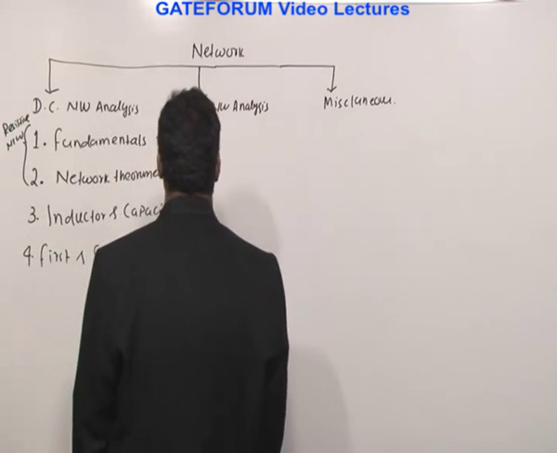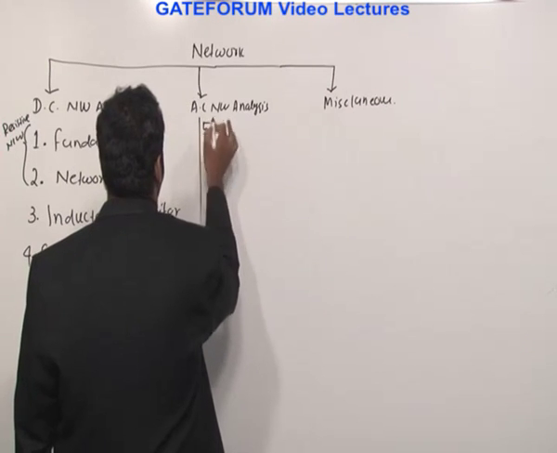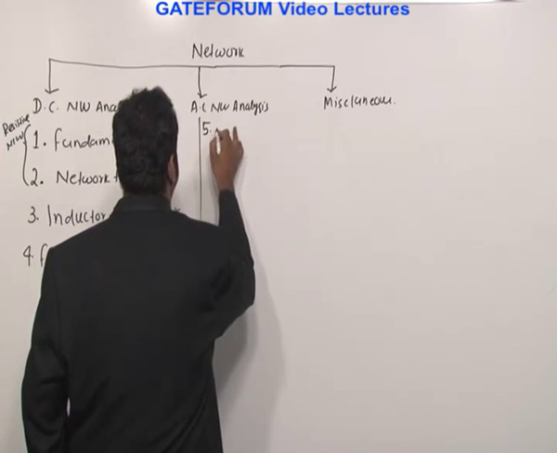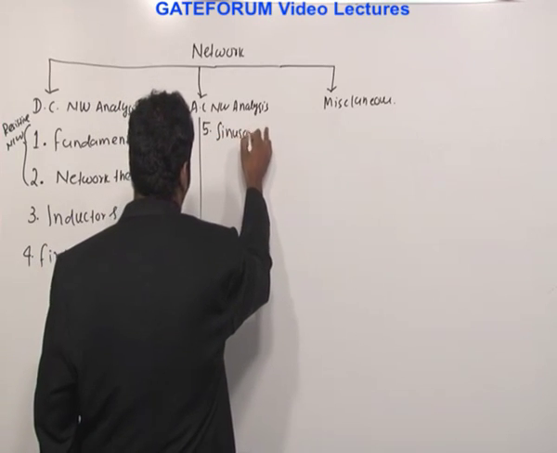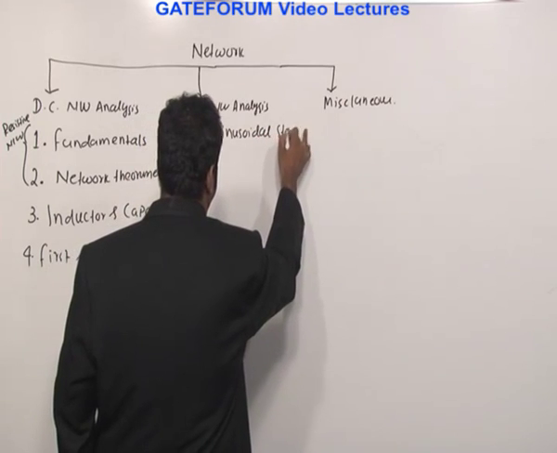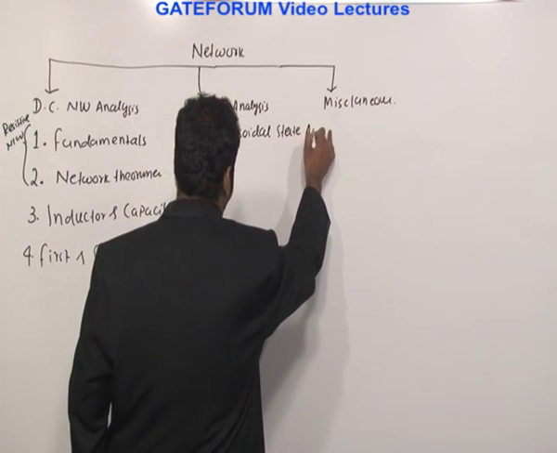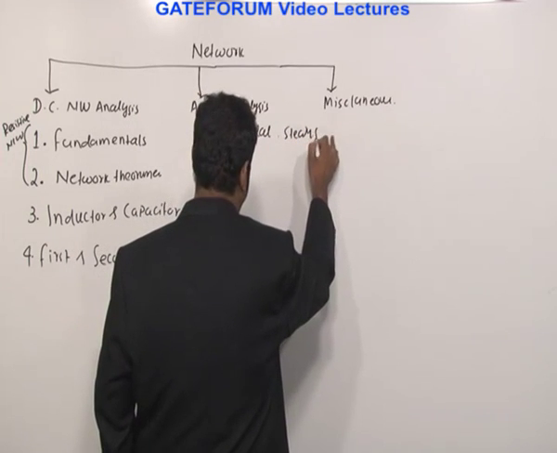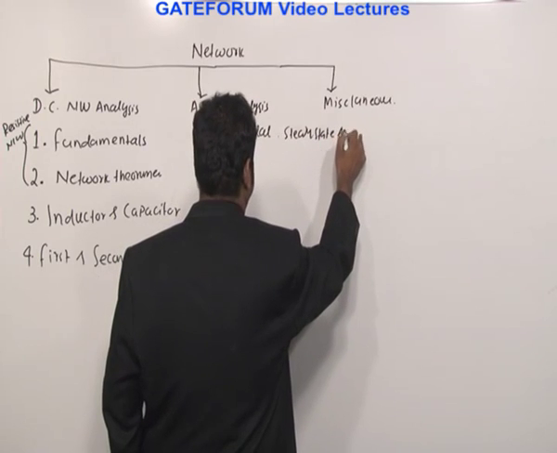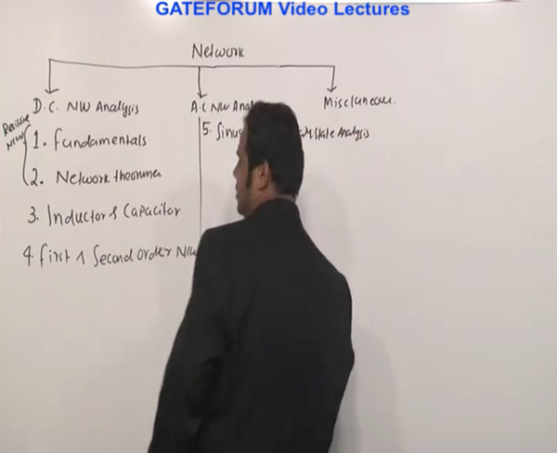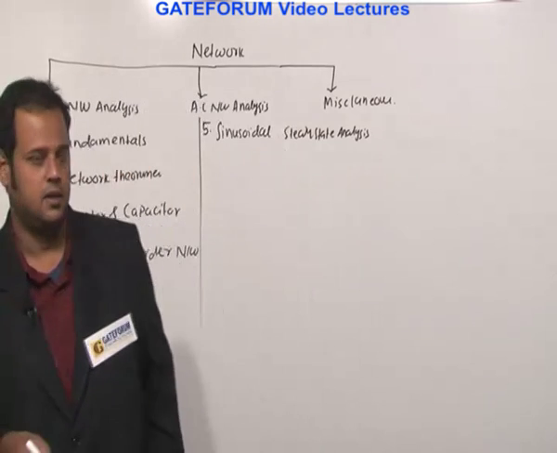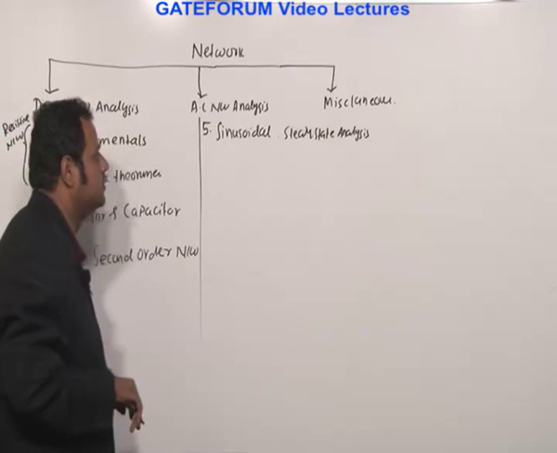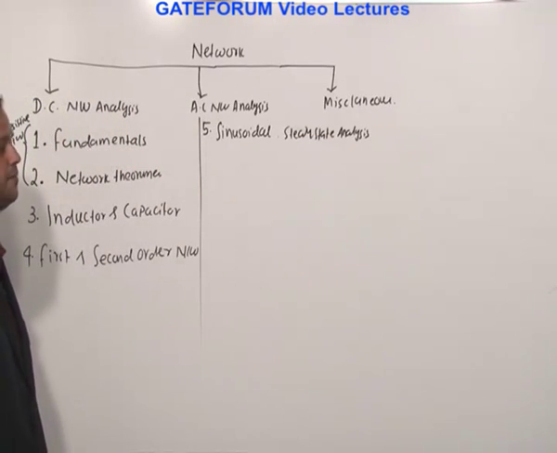Coming to the next part, what we will be learning here is chapter number 5, sinusoidal steady state analysis. Here we'll be learning the concept of phasors, and how to find the voltages and currents when the supply is AC.